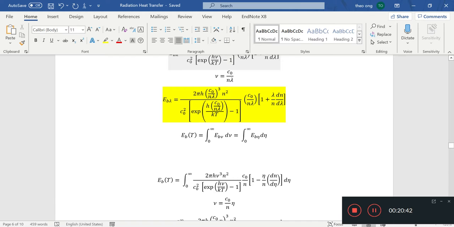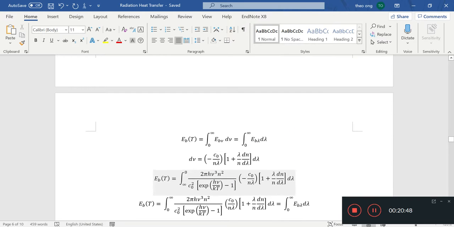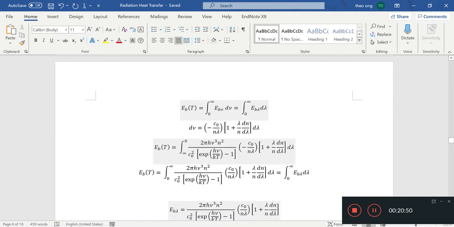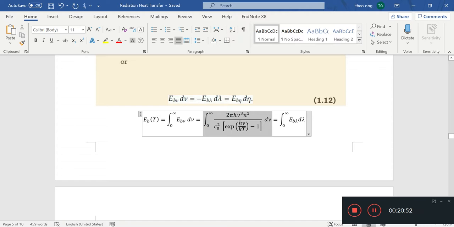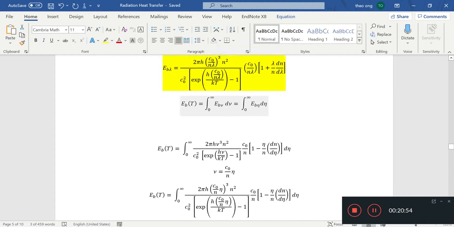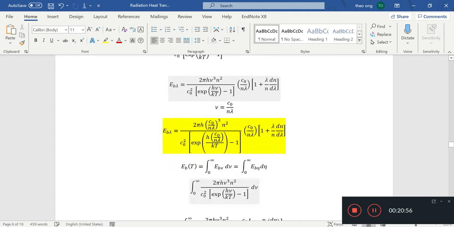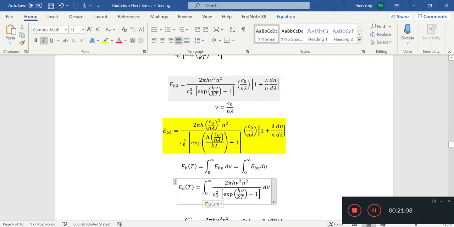To find the expression for this, we'll need to do the same replacement of variables. So again, we'll have something like this. We'll replace this E_b nu here with this messy expression. And then we'll need to find an expression for d nu.